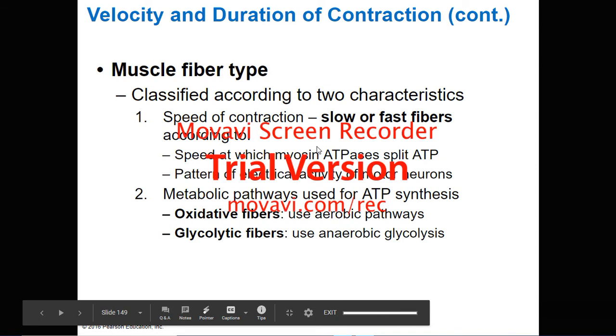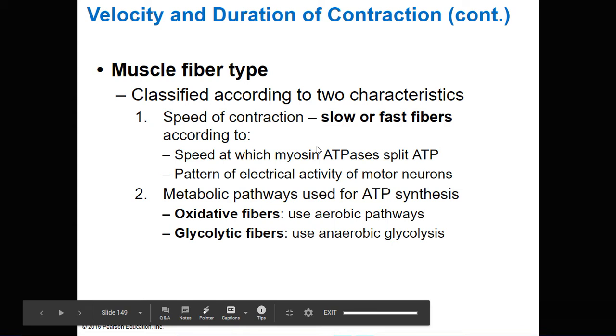So when ATP binds, the myosin head is going to release the actin. And then when that ATP gets split, that myosin head is ready to attach to another actin filament.